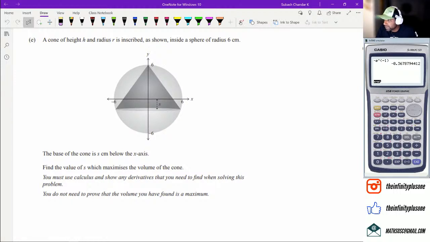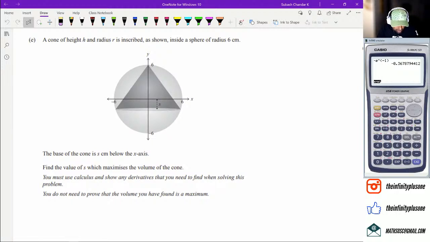So what we're going to need to do is go into our formula sheet to pick up the formula for volume of a cone, because this actually says that we want to find the volume of the cone. What's the maximum value of S so that the volume of the cone is maximum.